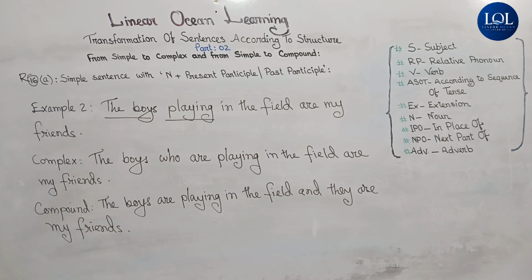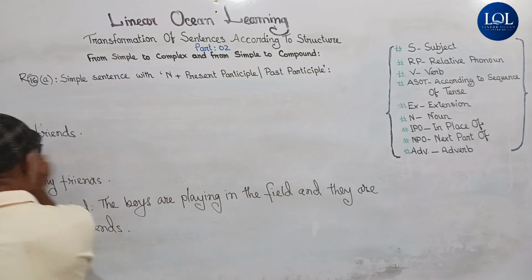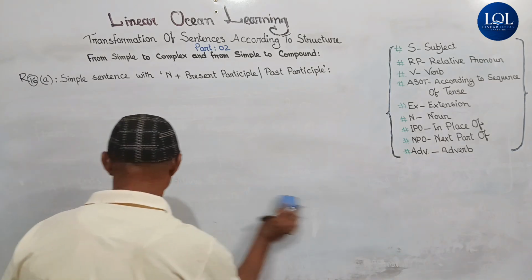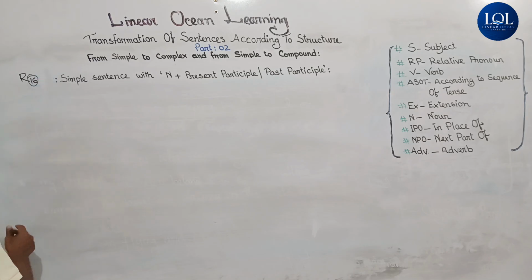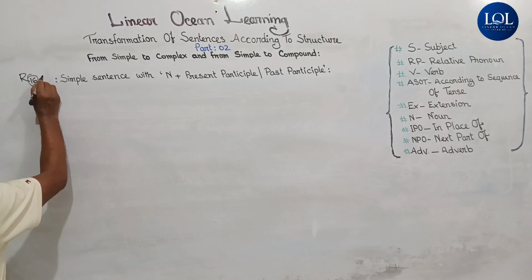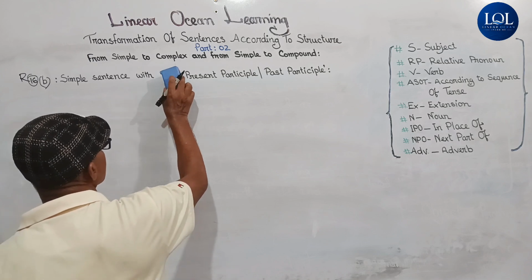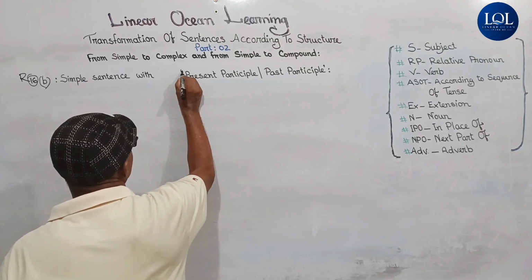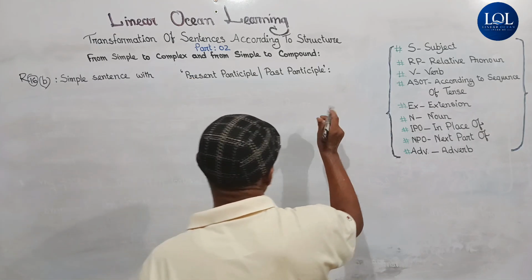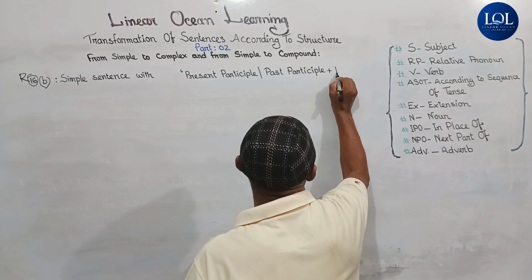Now let us work out rule 16b. Simple sentences with present participle or past participle plus noun.